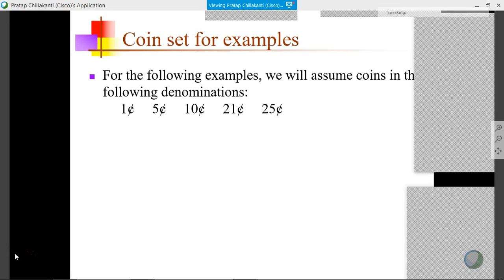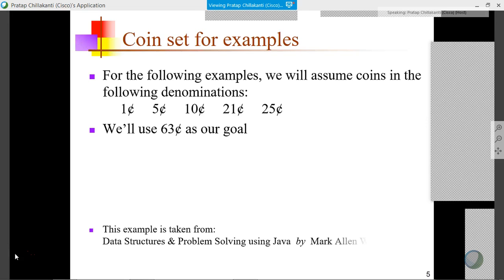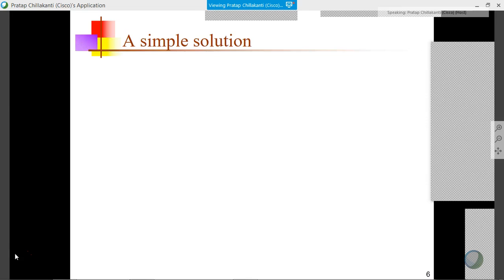Let's assume these are the following denominations. Let me move this so that we can see. So 63 cents is our goal.